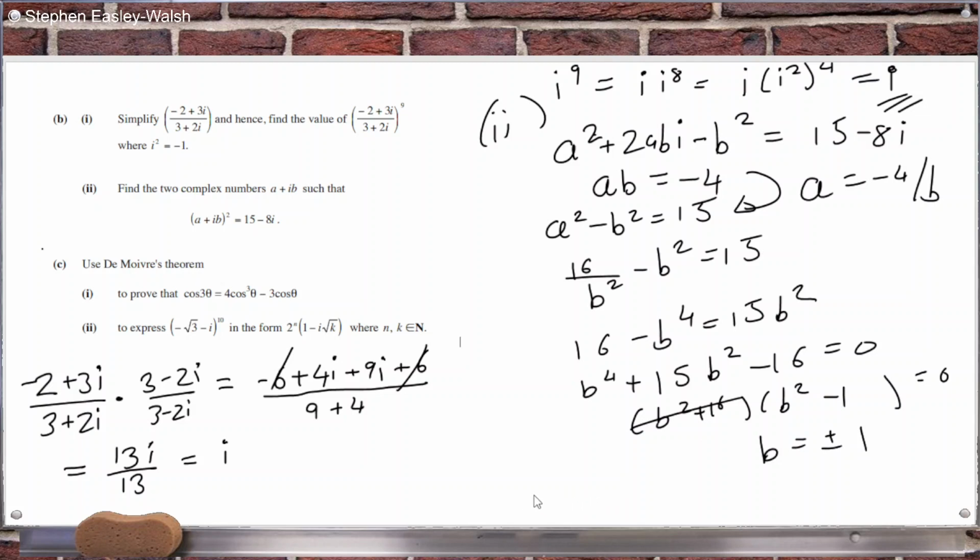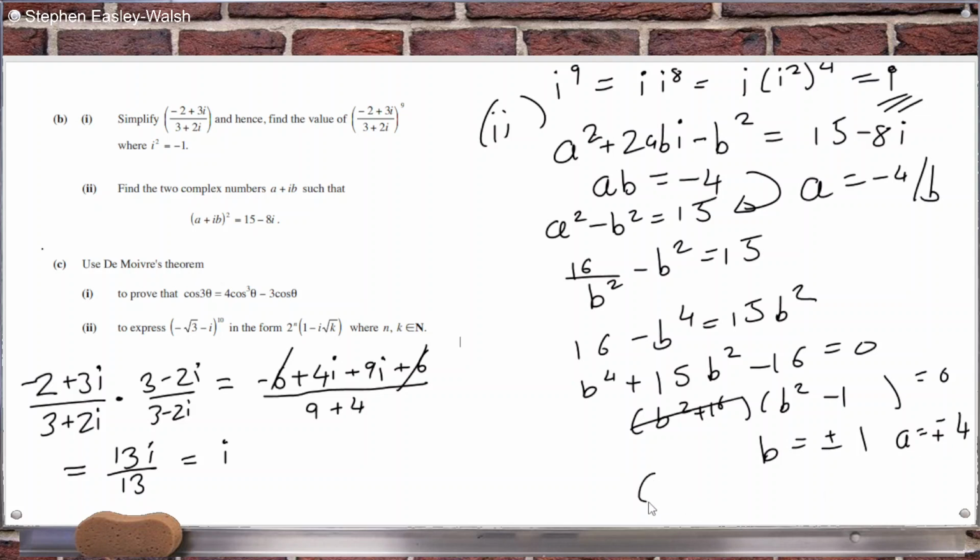So the a, of course, would be minus 4 over plus or minus 1. So that means the a would be minus or plus 4.